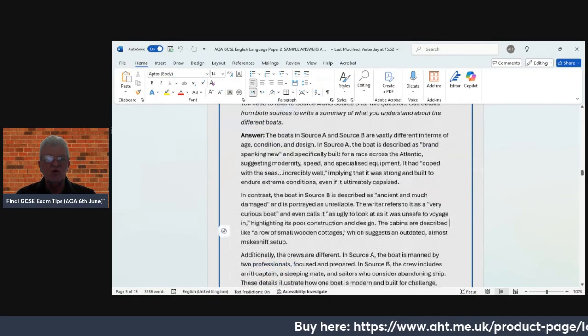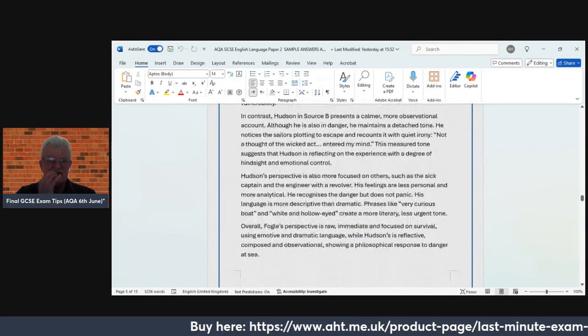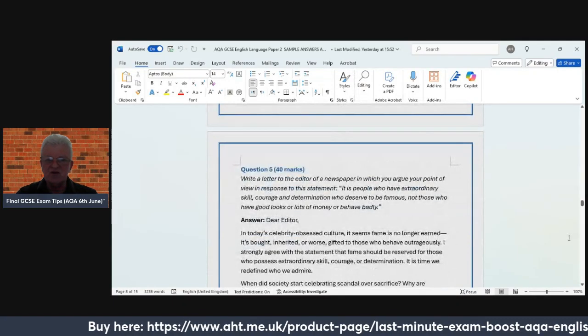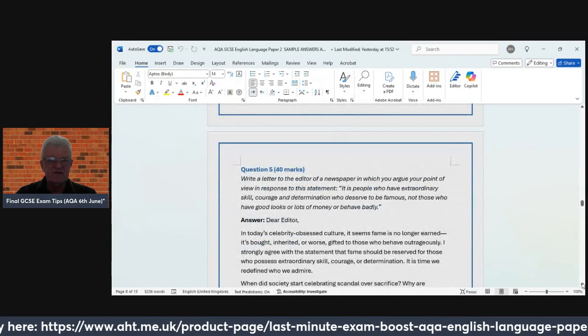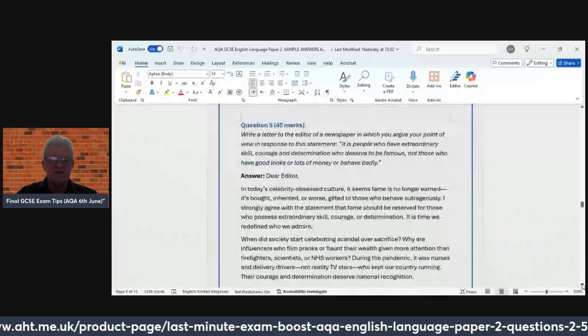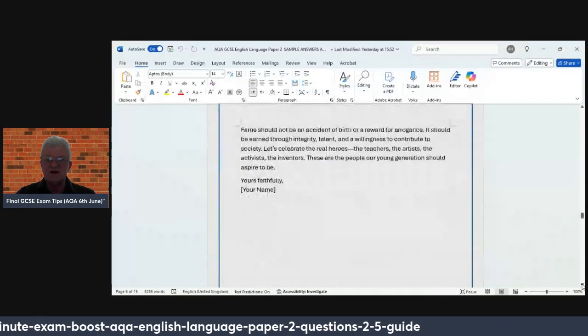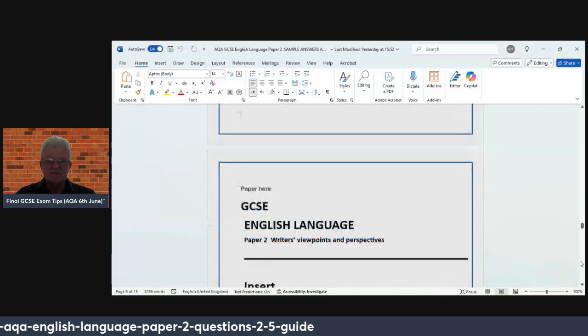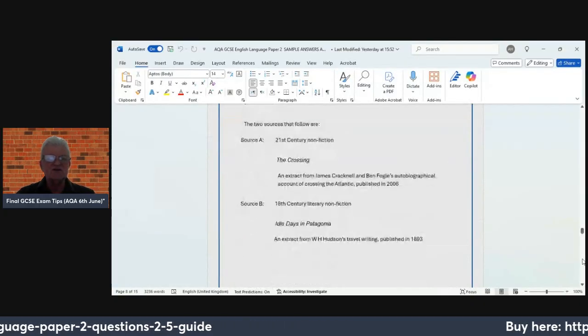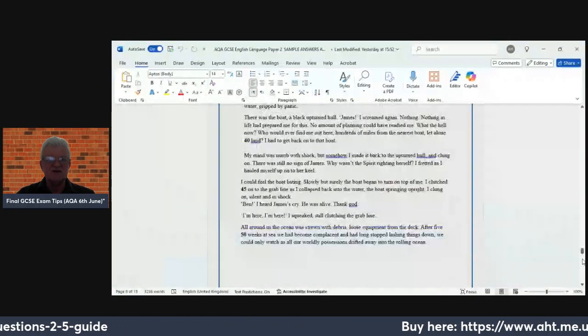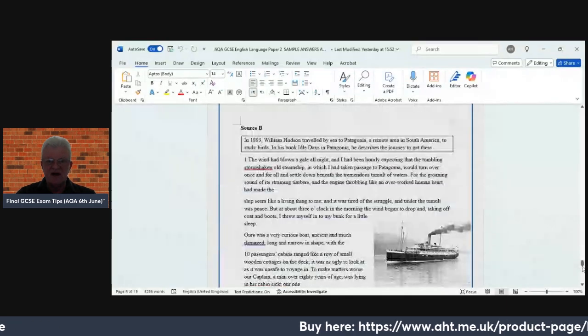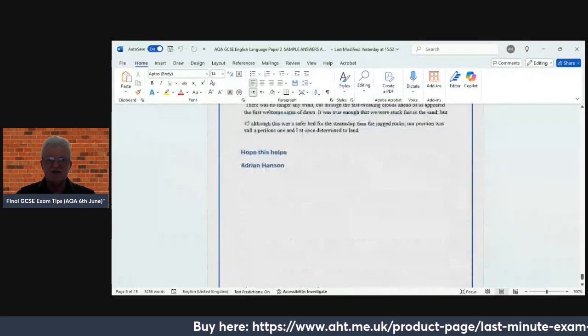As I said, all the questions have sample answers. If you look at question 5, you'll see that the paragraphs go up, of course, because it's a bigger mark. And then after that, you've got an insert, so you can reference it against here and there. So you've got the sources and everything's there.